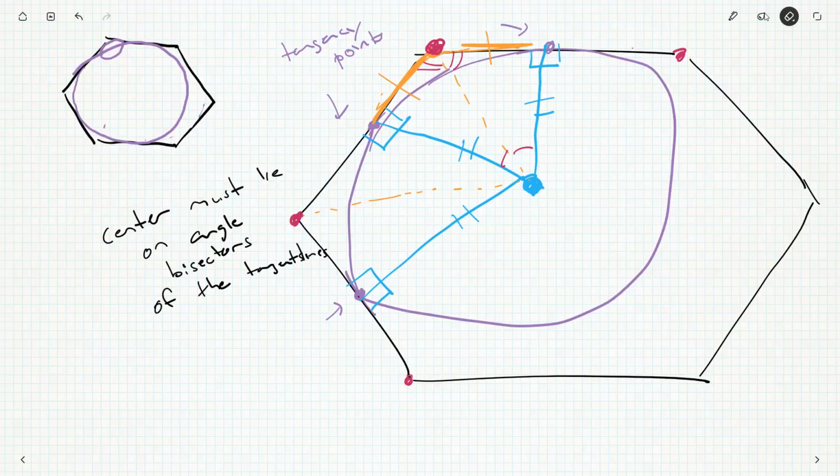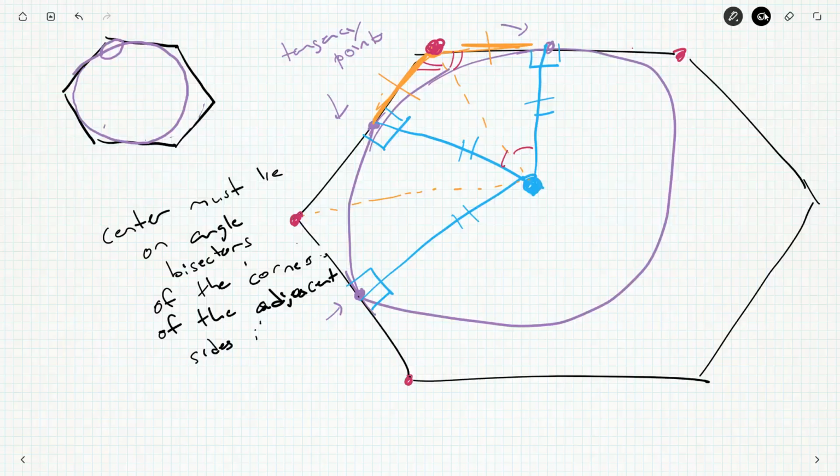So angle bisectors of the corners of the adjacent sides it's touching.